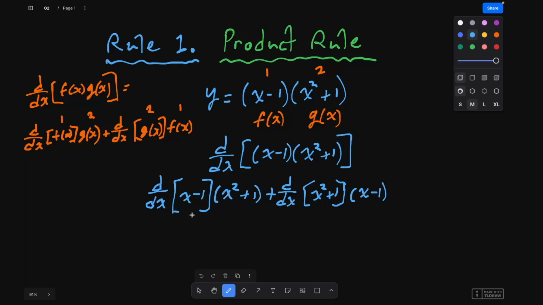So now this was just setting up the product rule, following the formula, and now we just follow the d/dx's and take the derivatives of these terms.